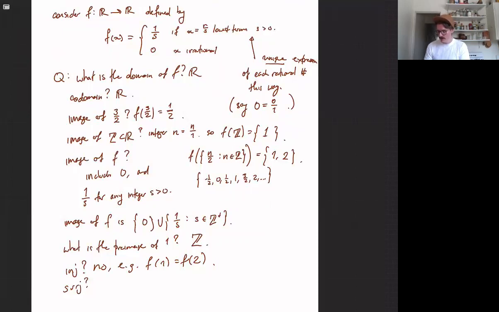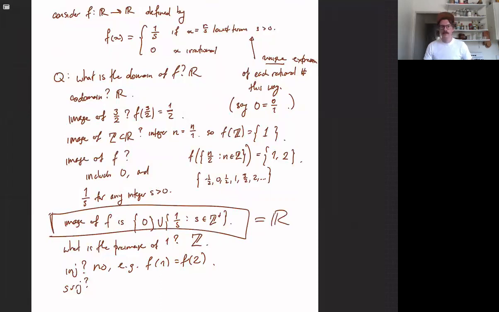Is it surjective? Well, to tell if it's surjective or not means, is the image of f equal to the entire codomain? This is another way of saying what it means to be surjective. And you can see that it is not. So 0 union 1 over s, where s is a positive integer, certainly that is not the full real numbers.